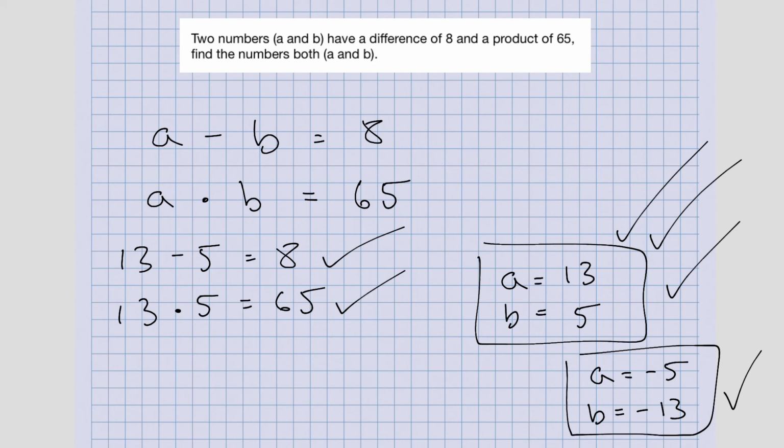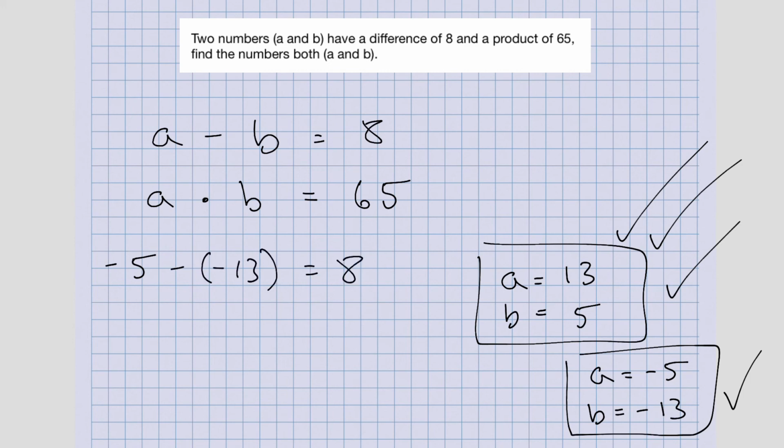Now let's try this second one down here. We have negative 5 minus 13 equals 8, and negative 5 times negative 13 equals positive 65. Does negative 5 times negative 13 equal positive 65? Yes, a negative times a negative is a positive.